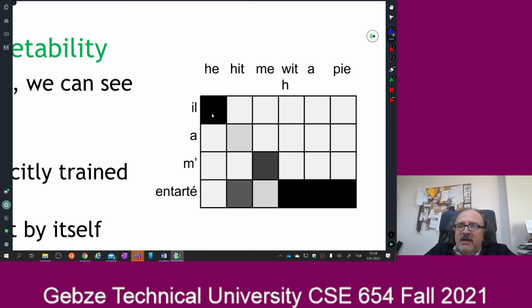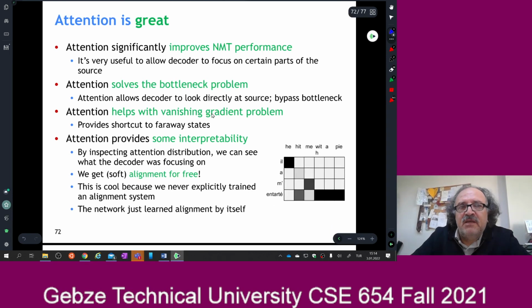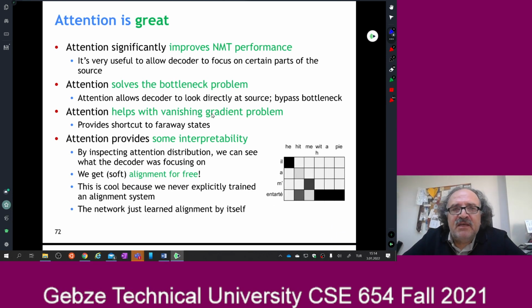So when I produce this sentence out of this one, I am paying my attention around here. So it is good in terms of explainability too. There are many benefits of it. It significantly improves the machine translation performance, solves the bottleneck problem. It helps with the vanishing gradient problem.